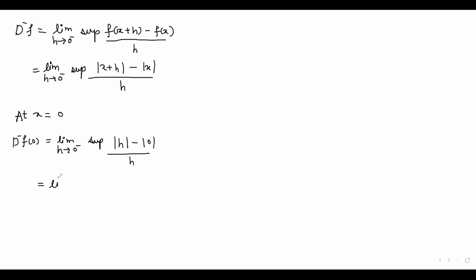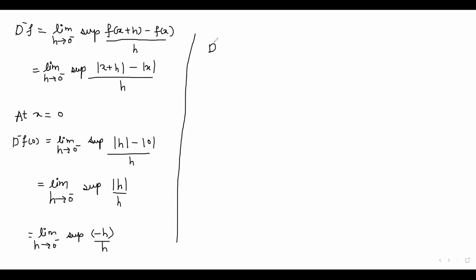So this is equal to limit h tends to 0 minus supremum of mod of h upon h, which is again equal to limit h tends to 0 minus supremum of, for h less than 0, the value of mod h will be minus h, upon h.